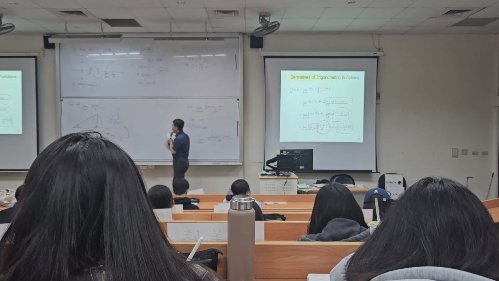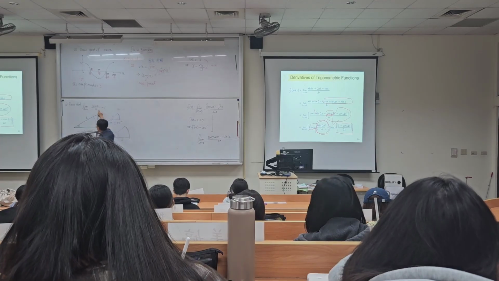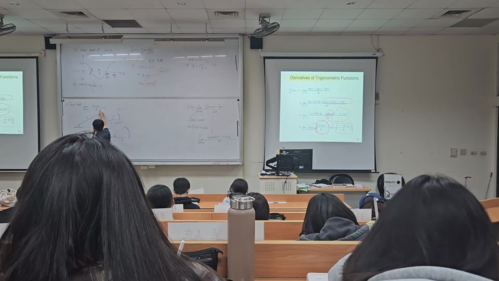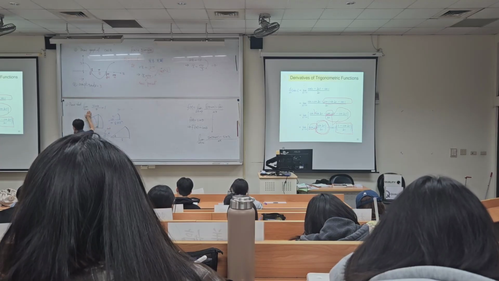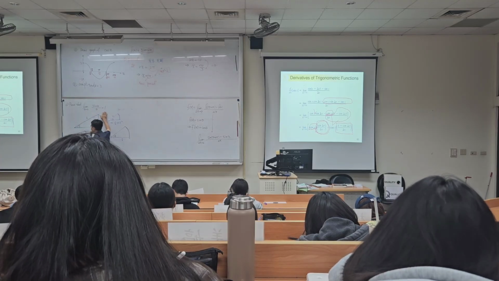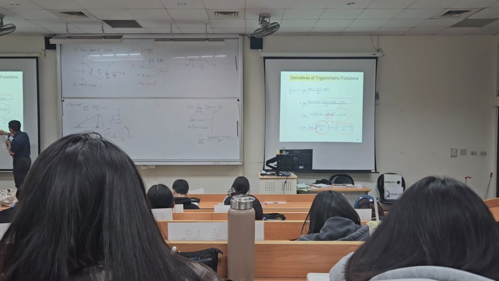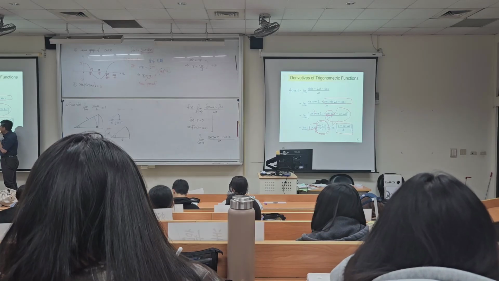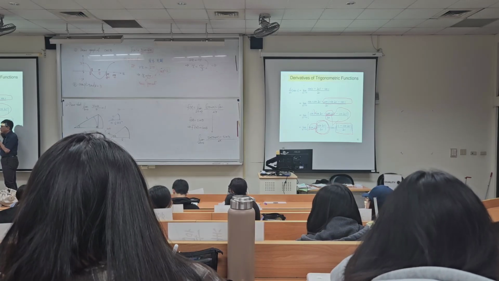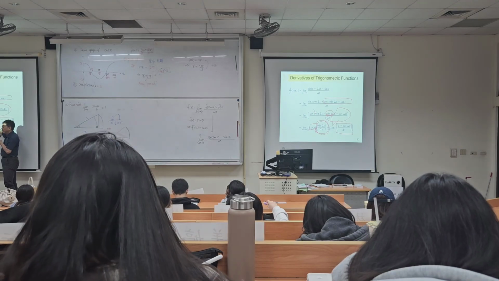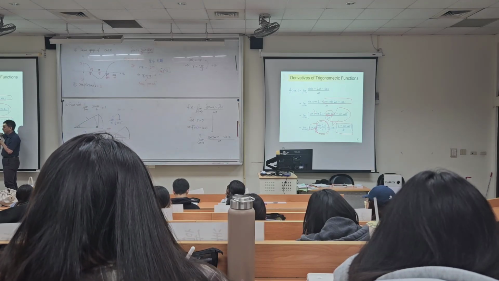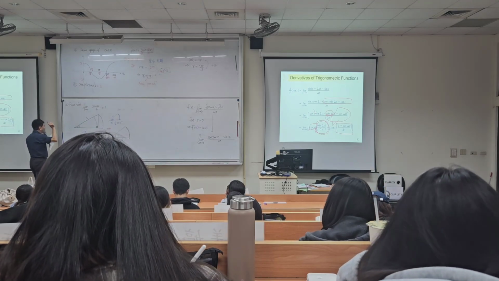So here, we are going to prove that sine theta over theta, when theta goes to 0, is equal to 1. Delta is like theta here, so when this goes to 0, I'm going to prove this part approaches 1.